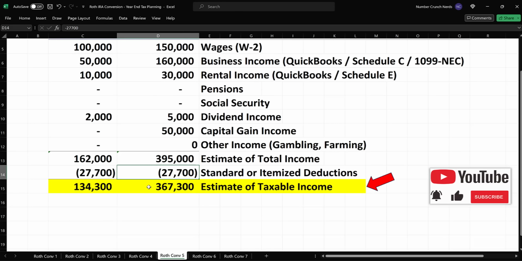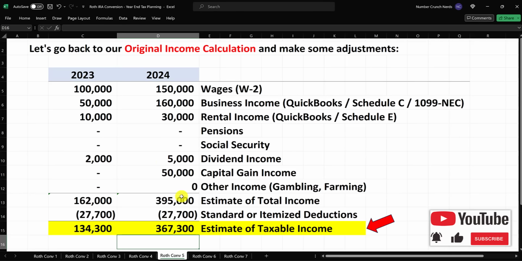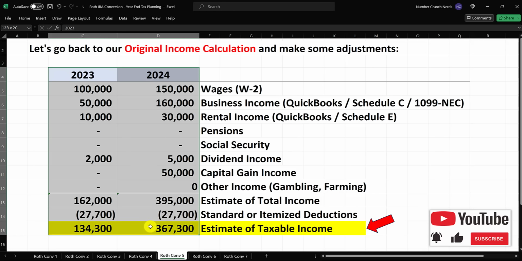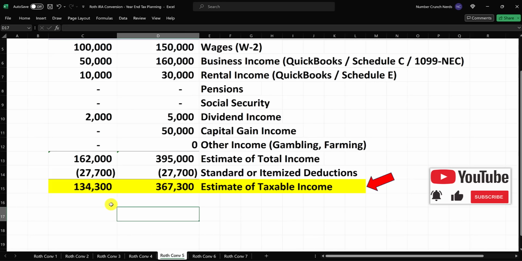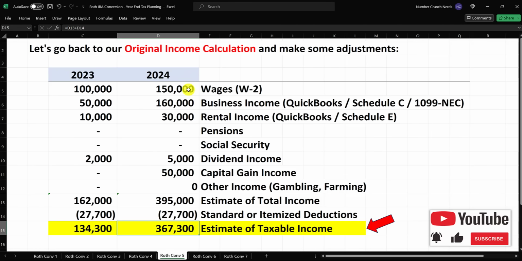So that gives me estimated taxable income for this future year of $367,300. So you need to do this. This is how you figure out if you should convert some of your traditional IRA into a Roth. So remember these two numbers. We have the 134.3 that we've been working with. Now we have a new expectation of substantially higher income in a future year.